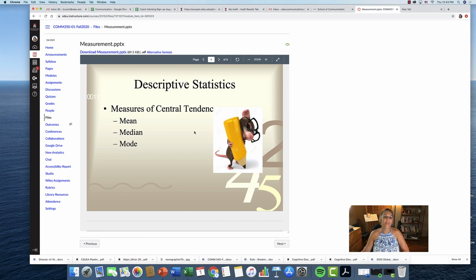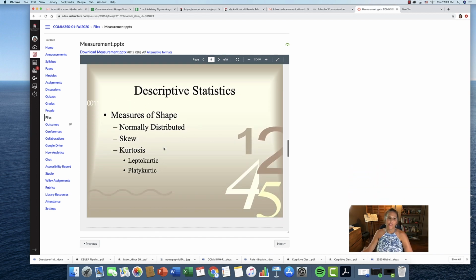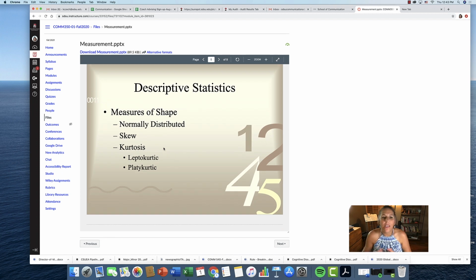All right, so the mean is the average. The median is the true halfway or middle point, and the mode is the most frequently occurring score. In descriptive statistics, we also have measures of shape, and that kind of goes back to the normal distribution. Most of the time, we want to see a normal distribution.